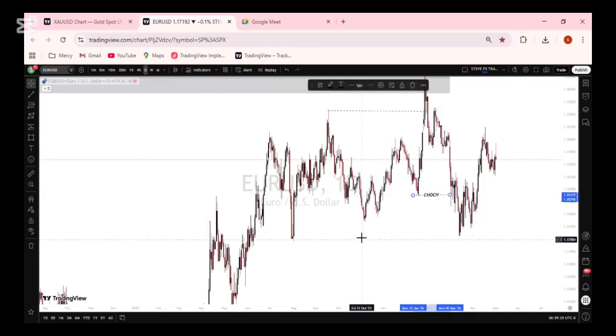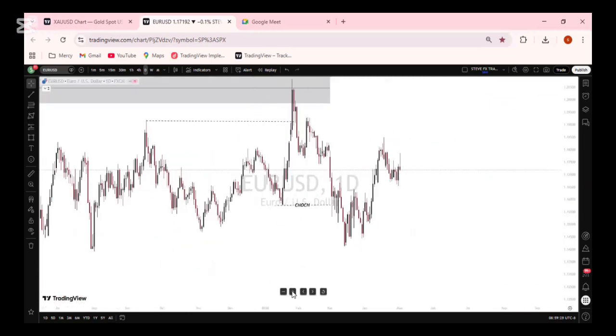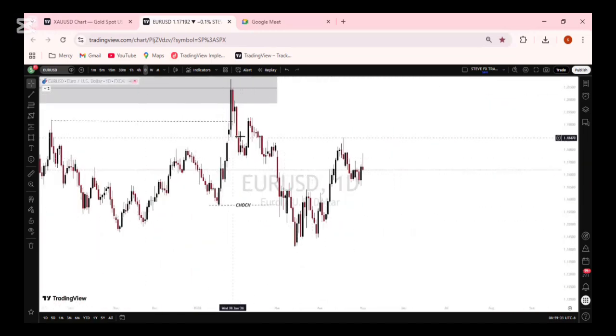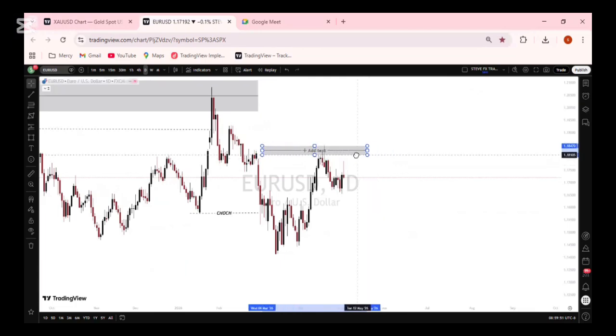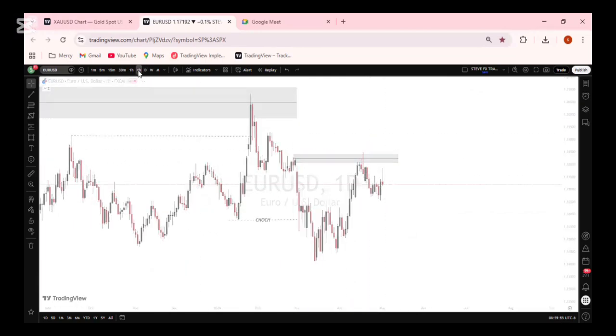We had a change of character also around this area. Now on Friday, we had markets reacting to this particular block before market close.